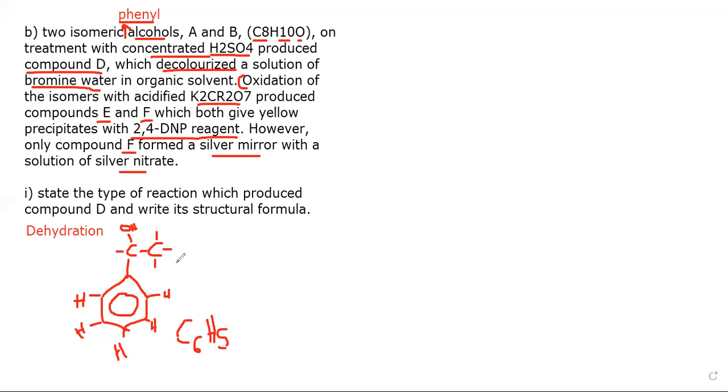If you dehydrate this compound, remember reactions take place at the functional group. In this case, the functional group is the alcohol. So if you dehydrate it, you are converting it to the alkene, which is this. That is what you are going to get.